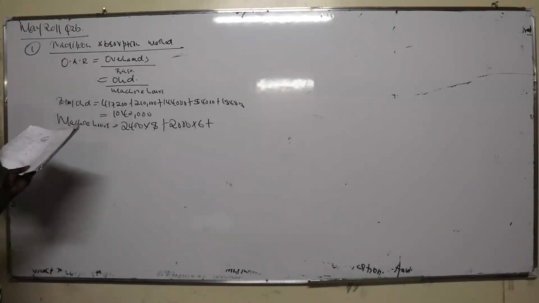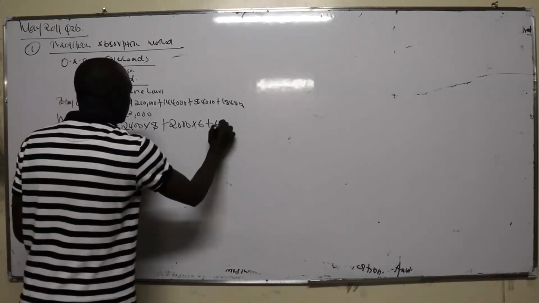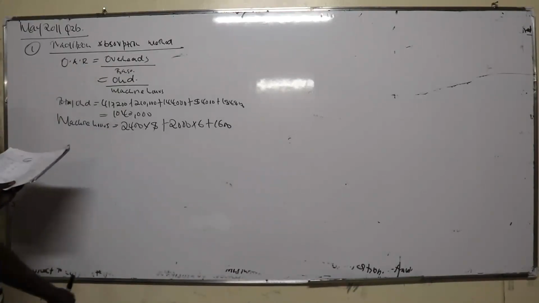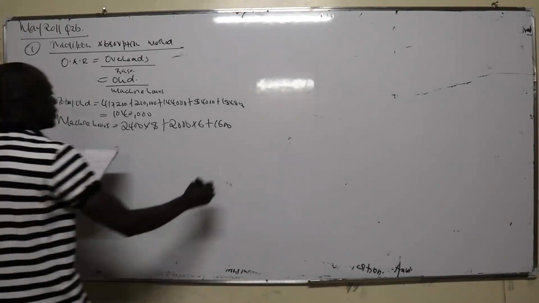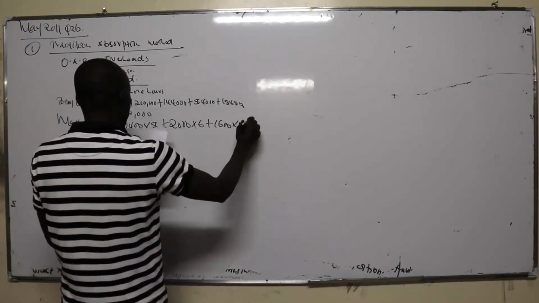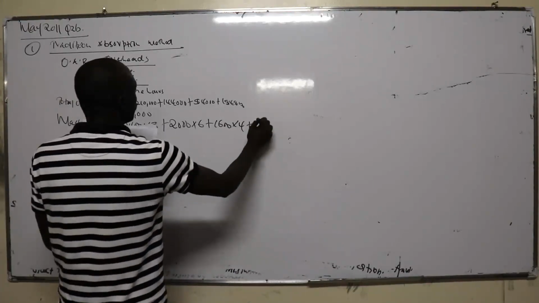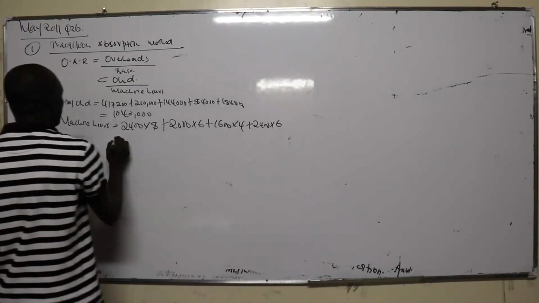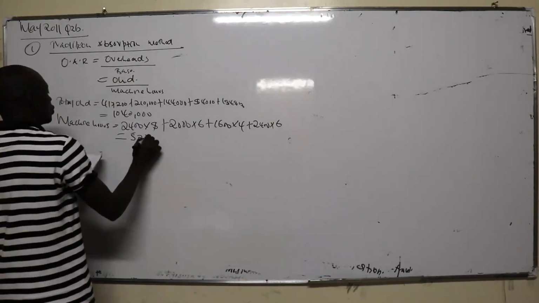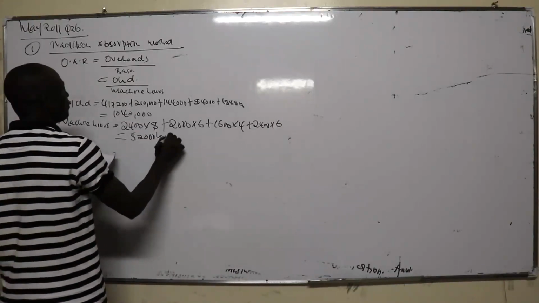Product C, they're going to produce 1,600 units, and each unit requires 4 machine hours, so you multiply by 4. And product D, they are 400 units, you multiply by 6. So when you do that computation, it's going to be 52,000 hours.